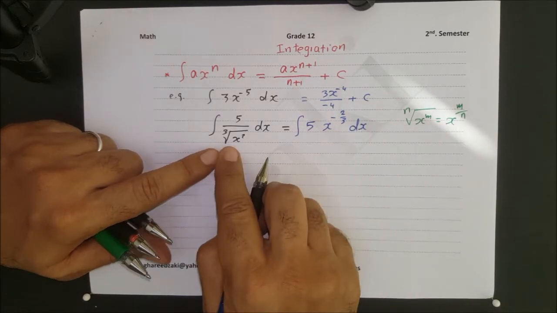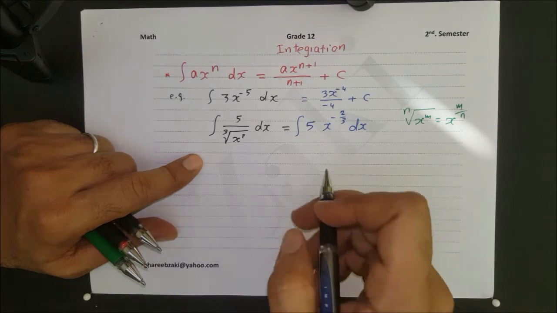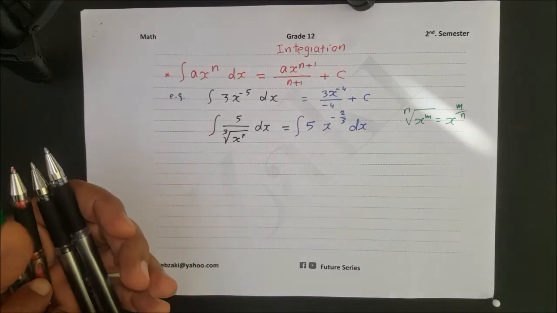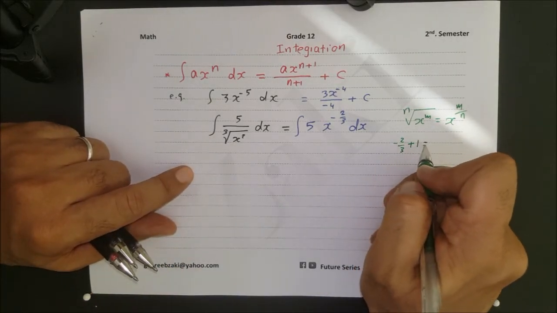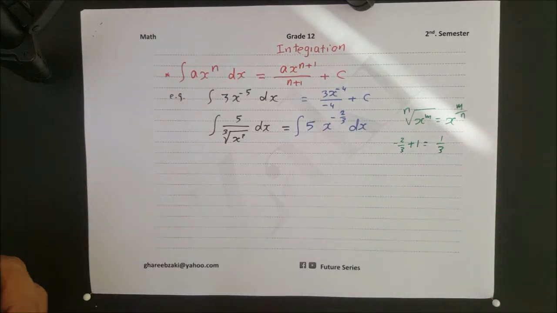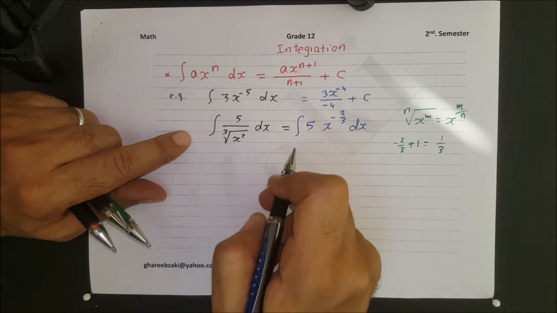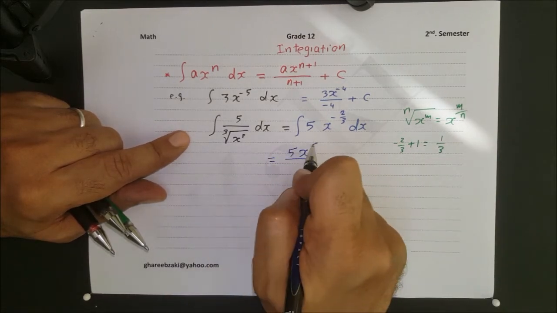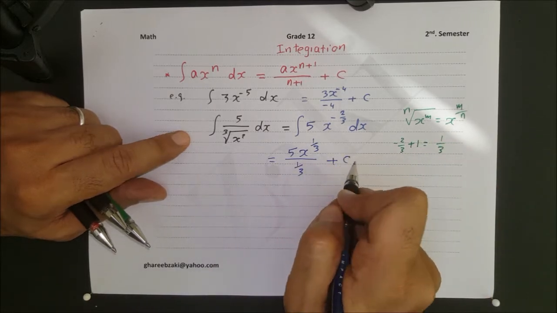Now we simplify the given and do the same as the rule. What is the answer? We add 1 to the power. Negative 2 over 3 plus 1 equals 1 over 3. So this is the power after adding 1. So the answer is 5 x to the power 1 over 3, divided by the new power, plus constant.